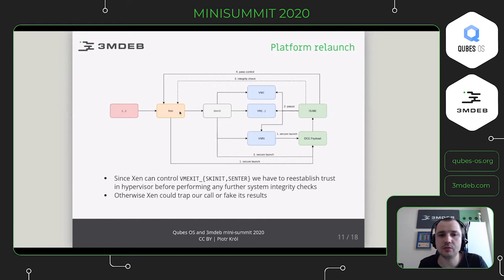So because of that, we have to check if Xen's integrity is intact, and then from that point, if it's okay, we can pass control to it and say, okay, let's continue execution and do whatever is needed, either recreate VMs or create special VMs like a measured and attested VM, which can be used for attestation of other VMs.